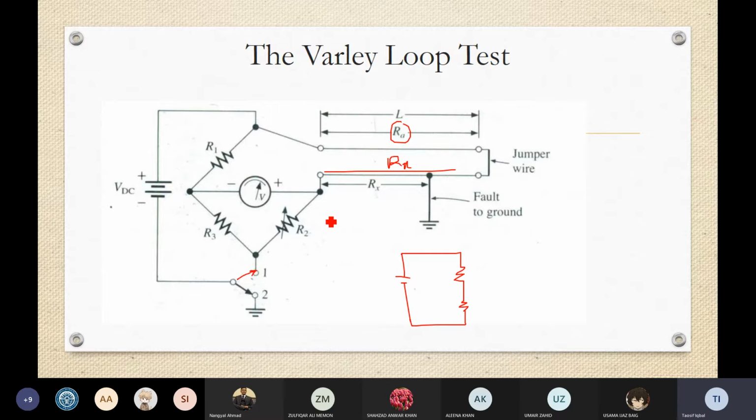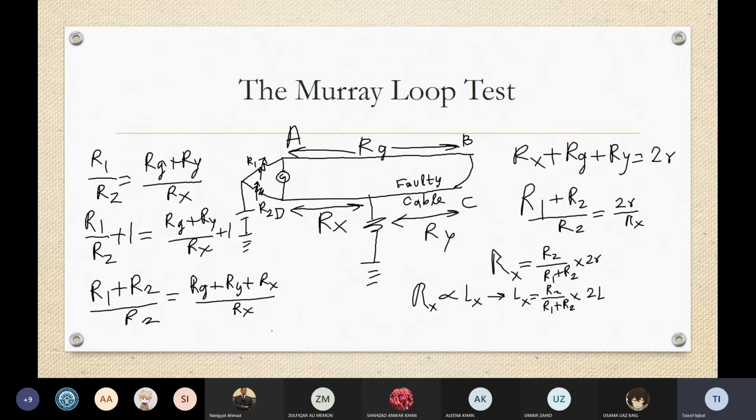In addition, in this case you can find that as compared to the Murray loop test, in the Varley loop test we have made two modifications. One, we have put a selector switch and put a variable resistance on the other side of the galvanometer. In the Murray loop test, you can see we are using only two resistances, R1 and R2, and both are variable.